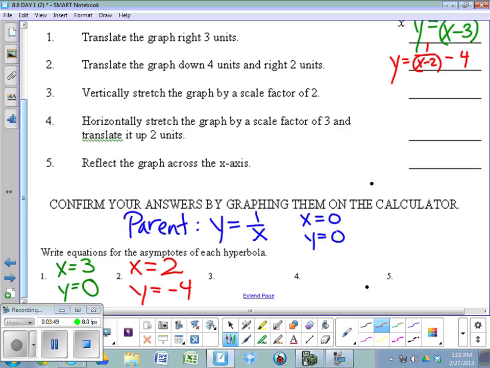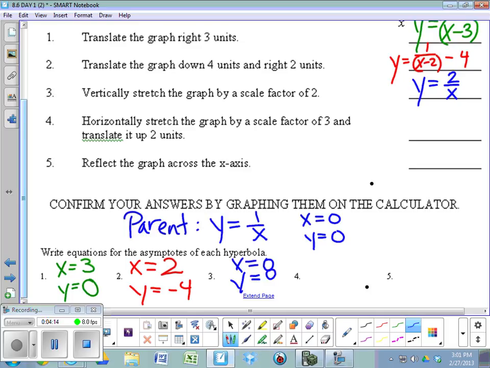Okay? For vertically stretching and horizontally stretching, you do the same thing. You put the number that it's stretching by in the numerator. So to make this stretch by a factor of 2, it's 2 over x instead of 1 over x. It has no effect on the asymptotes, so they stay at 0, 0.